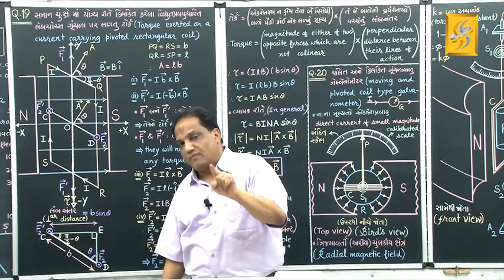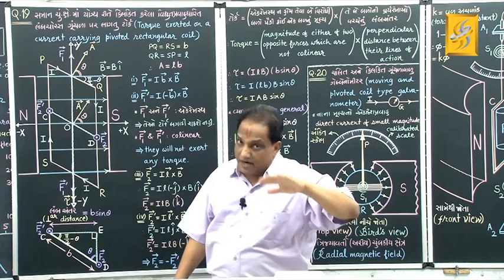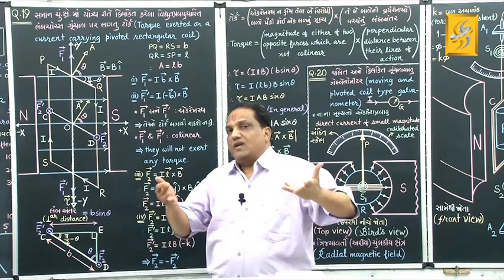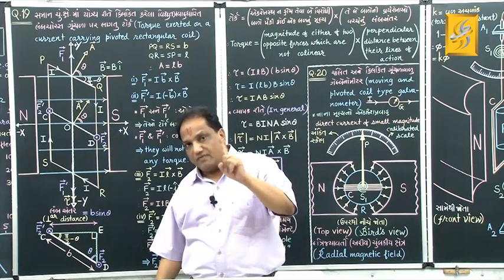What was that formula? Vector F equals I into vector L cross vector B, and depending upon that, let us now find out the magnetic forces exerted on each of these four sides one by one.